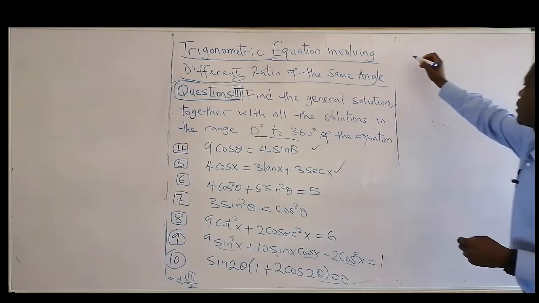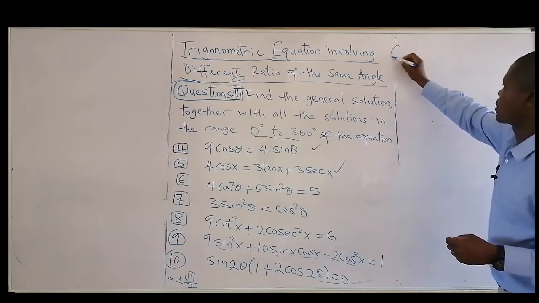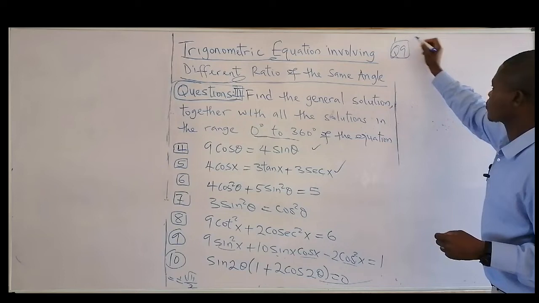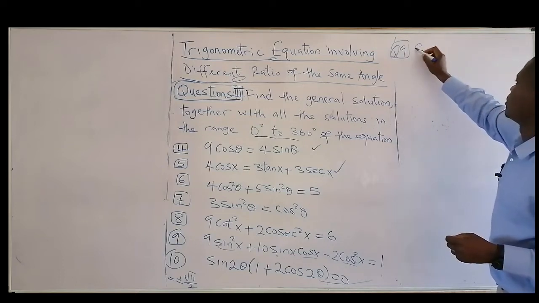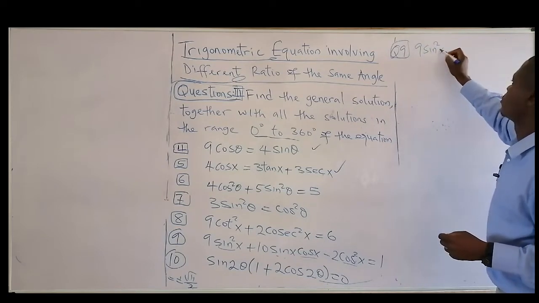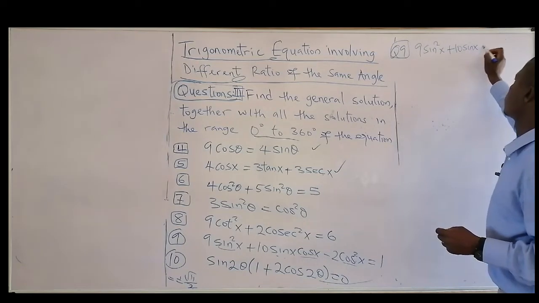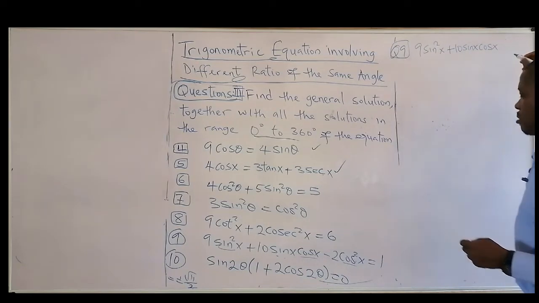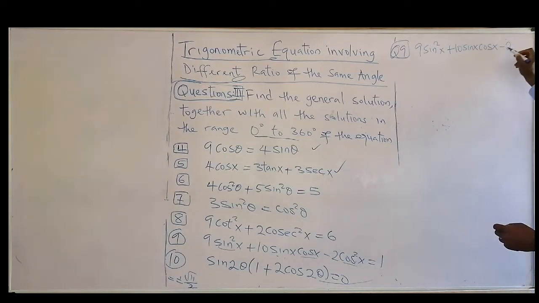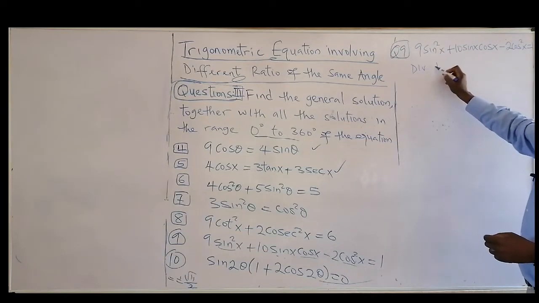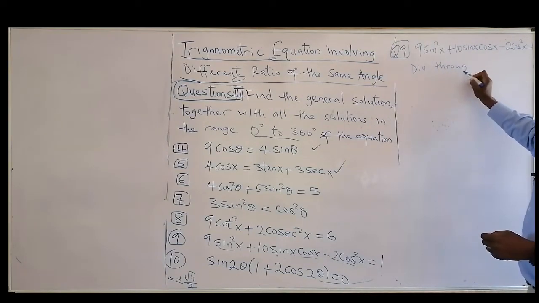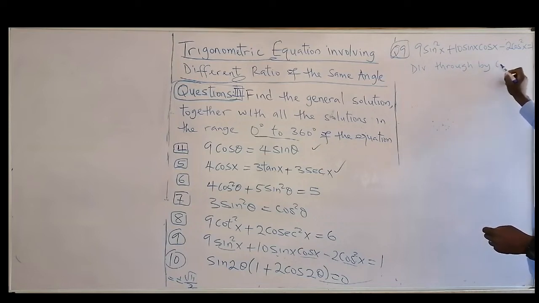Look at this, what we have here, question 9. We have 9 sine square x plus 10 sin x cos x minus 2 cos square x equal to 1. So divide through by cos square x.